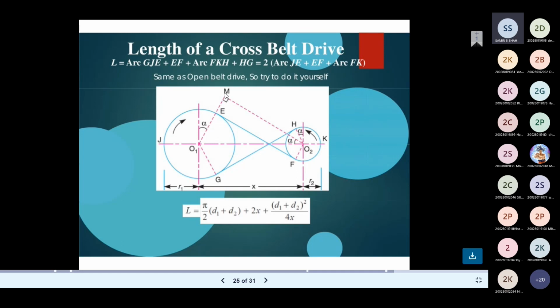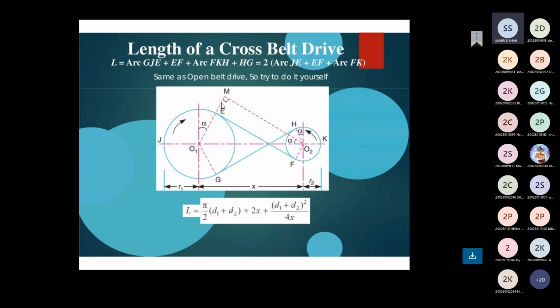But here it is O1E plus EM. O1E, as we know, is R2, and EM is R1. So R1 plus R2 by X. This is the minor difference. In the open belt drive, it is R1 minus R2 by X, but here R1 plus R2 by X. So alpha is equal to R1 plus R2 by X.